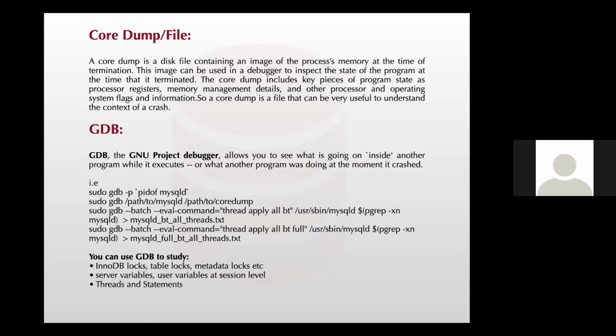Then you can run some commands and get details about threads and connections. If you have a core dump, then you have to run it with the MySQL binary, as well as give the core dump along with it.